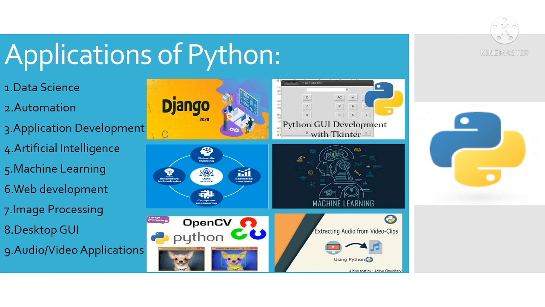Next one is applications of Python. These are the wide range of use cases, or fields, of Python. Each application of Python is a separate field. Data science, nowadays people are highly using data science because the data has increased very rapidly.